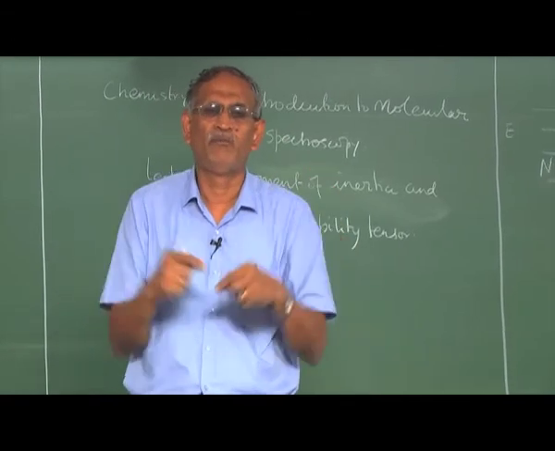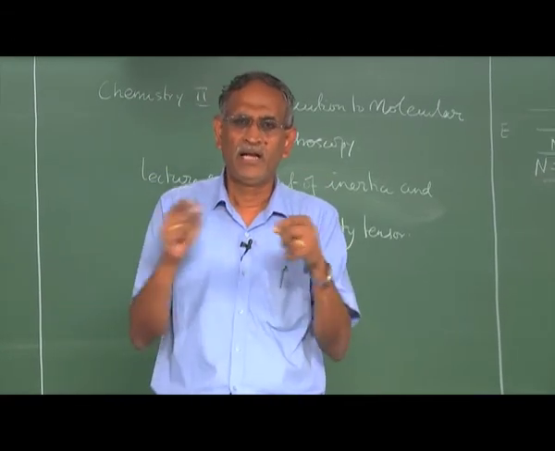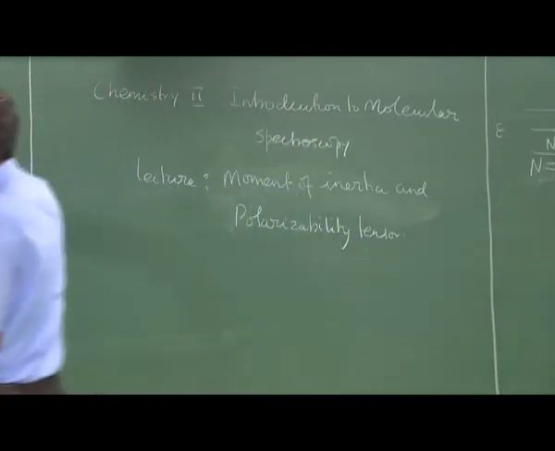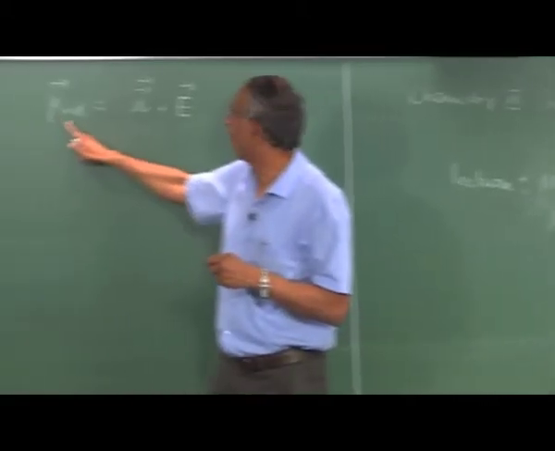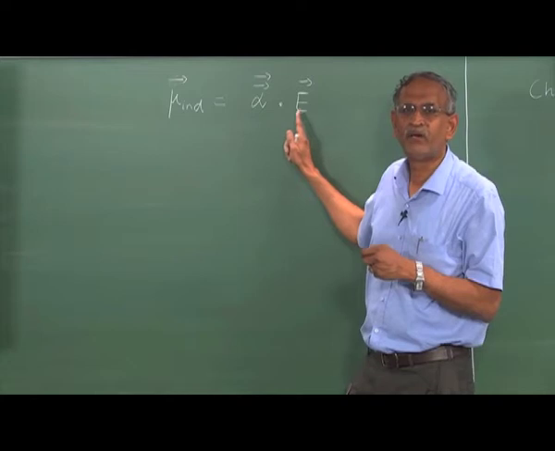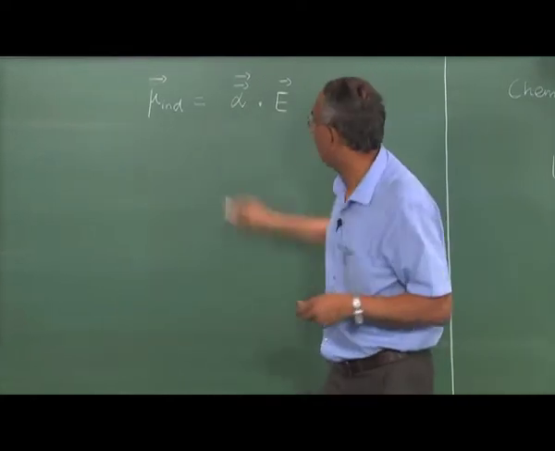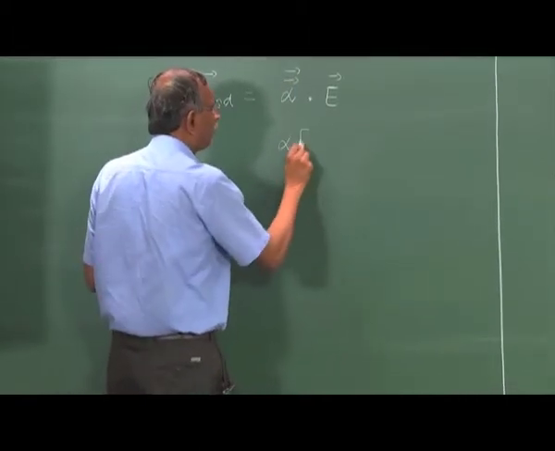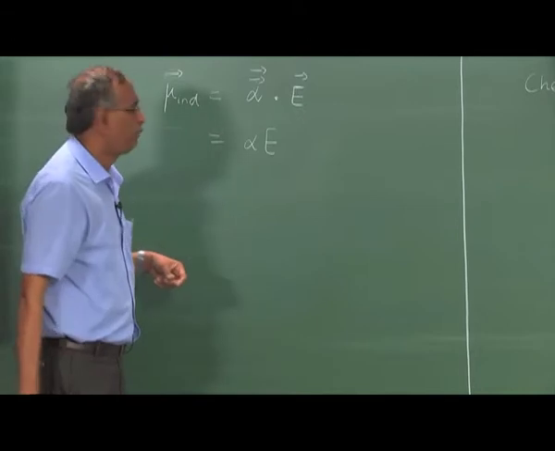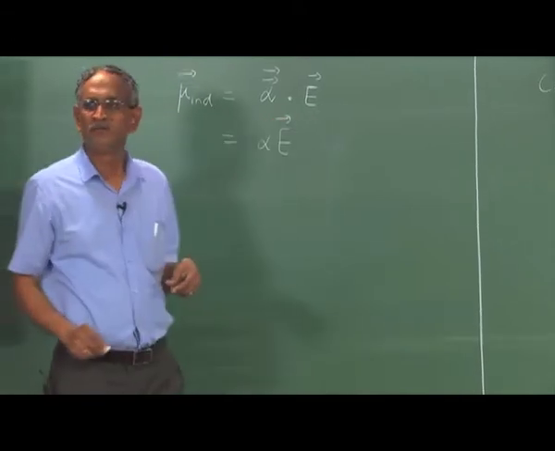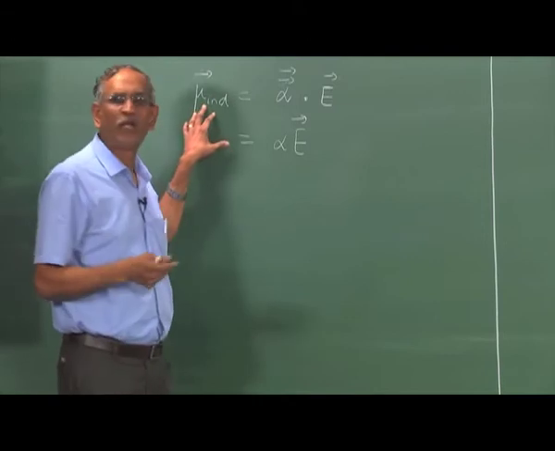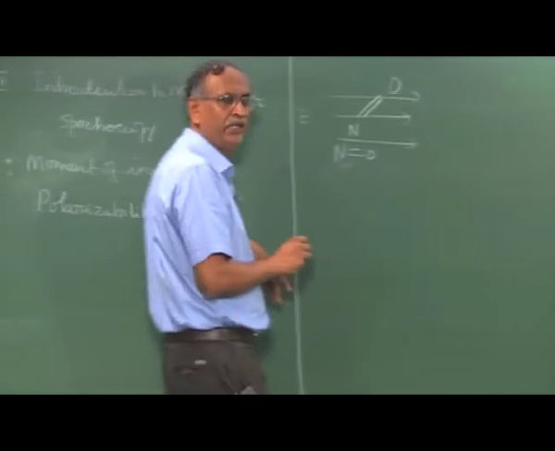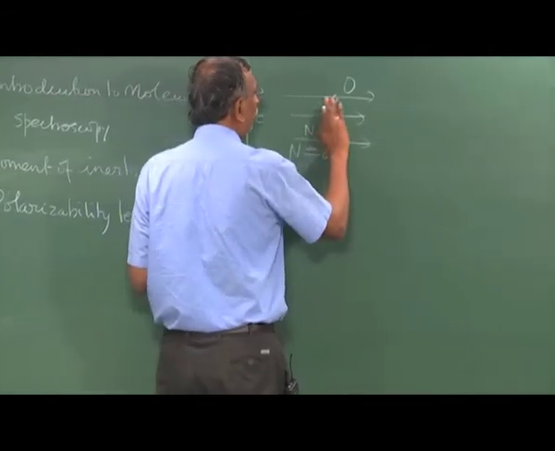Now, if you put such a molecule which is undergoing vibration in an electric field, the electric field may induce an additional dipole moment, and that induced dipole moment is directly a function of the property of the electric field. And remember, I put a double arrow on top of it instead of writing it simply as alpha E, because it is possible that the induced dipole moment of say NO in the presence of the field, see NO itself is undergoing some vibrations.